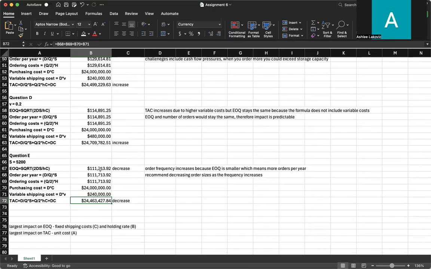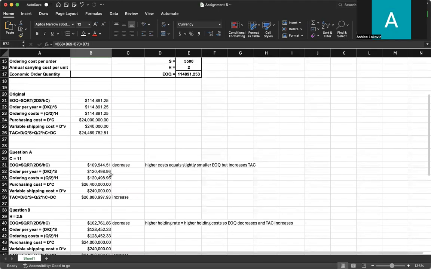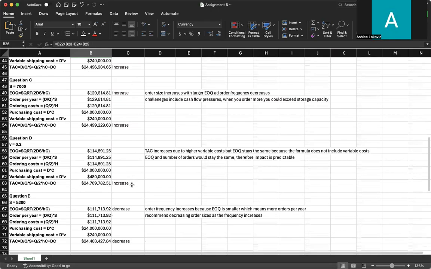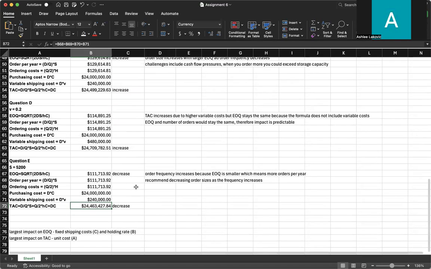And as we can see, this is a decrease from the original, that was 114,000. And this is a decrease from the original as well. Let's go back up. So this is 24.469, and this one is 24.463. So a little bit of a decrease.